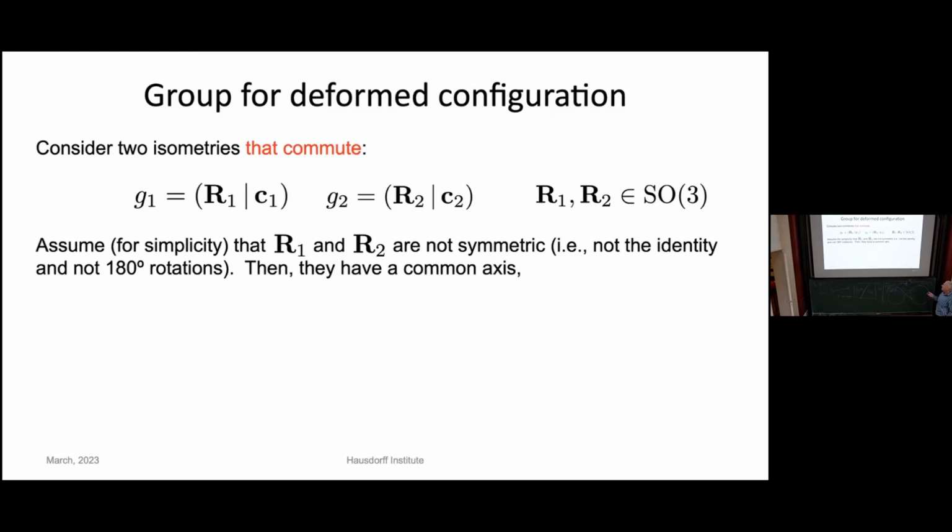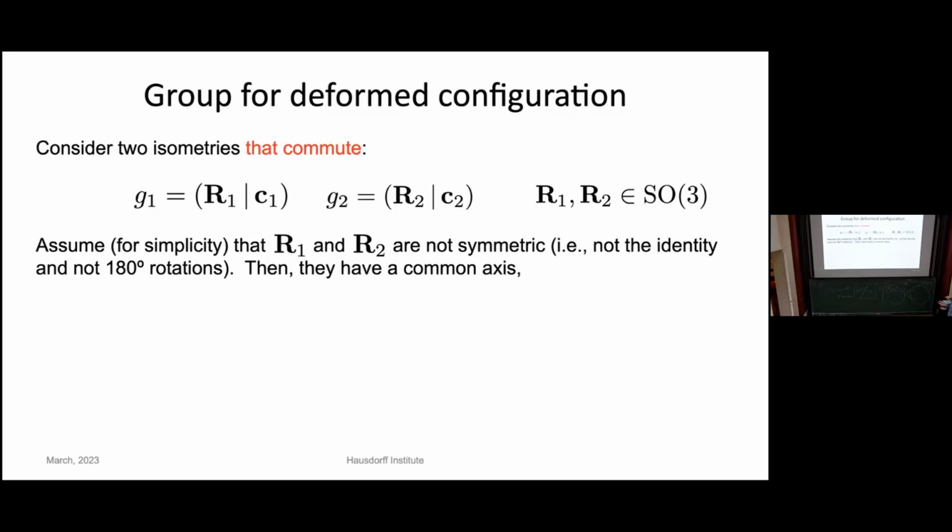And there's a little technical thing. I'm going to assume 180-degree rotations are symmetric, and that leads to some kind of different origami structures. It's still, you can do many things, but it's a special case, and it's not the generic case. You can do it if you want. I just don't want to do all the cases.